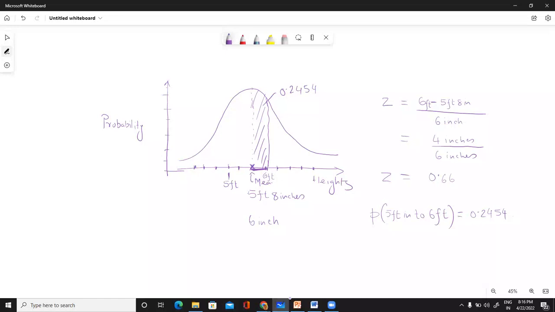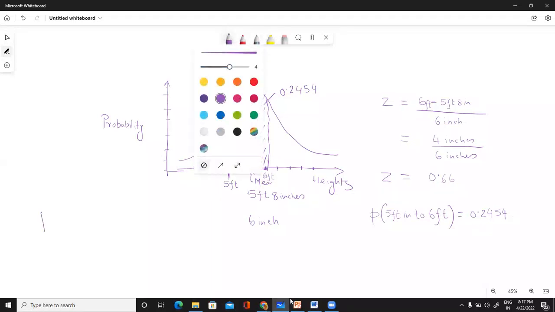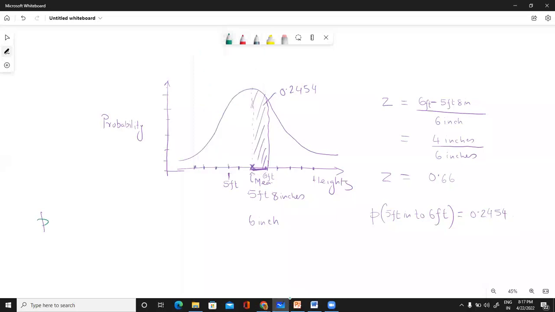What will you do? Probability of 5 feet to 5 feet 8 inches.